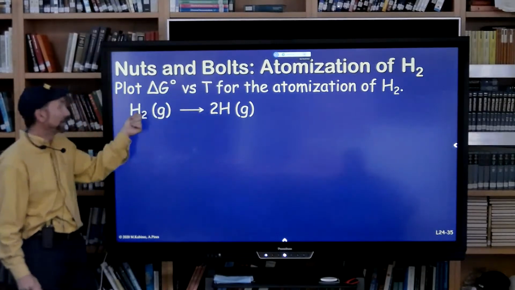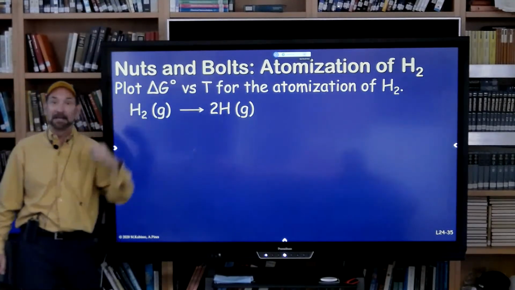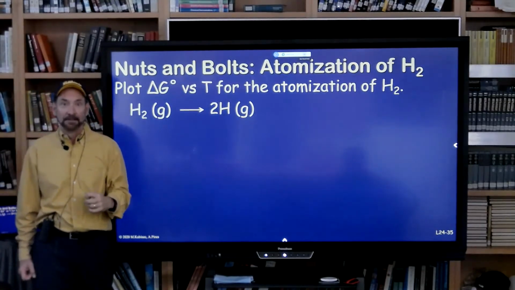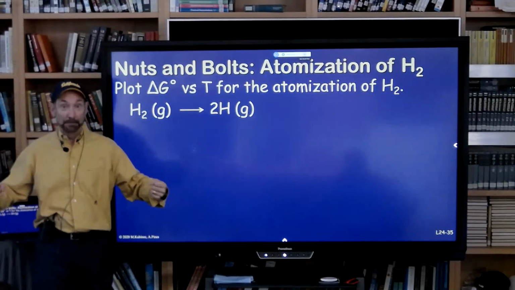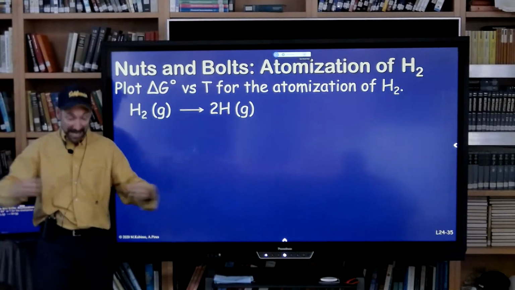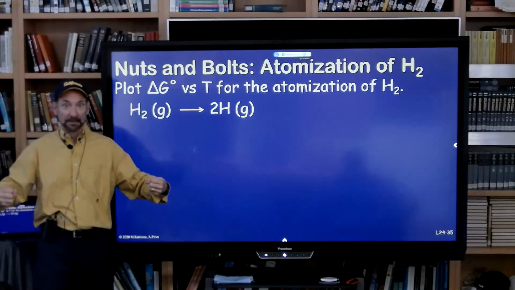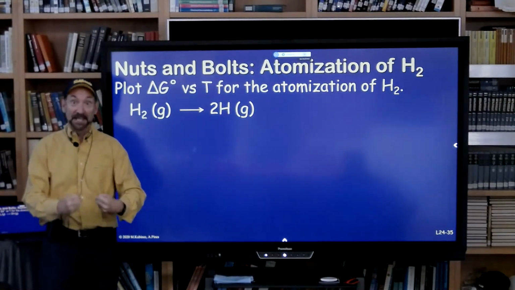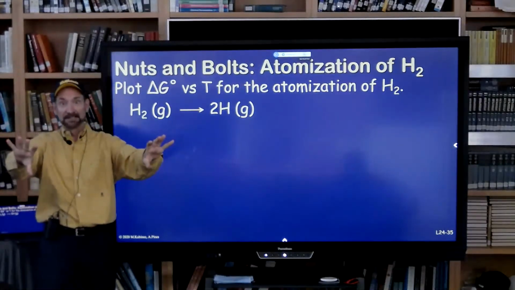This is just breaking the hydrogen-hydrogen bond and making the atoms. It always takes energy to break a bond. If you take nothing else home from Chem 1A, you have to put energy in to break bonds. That means when you form bonds, energy is always released.